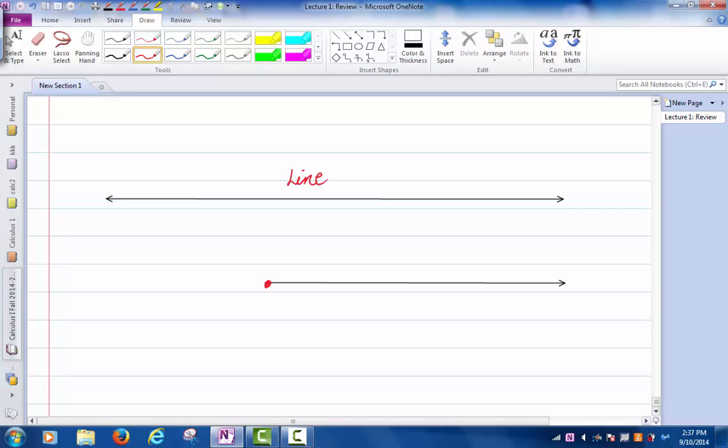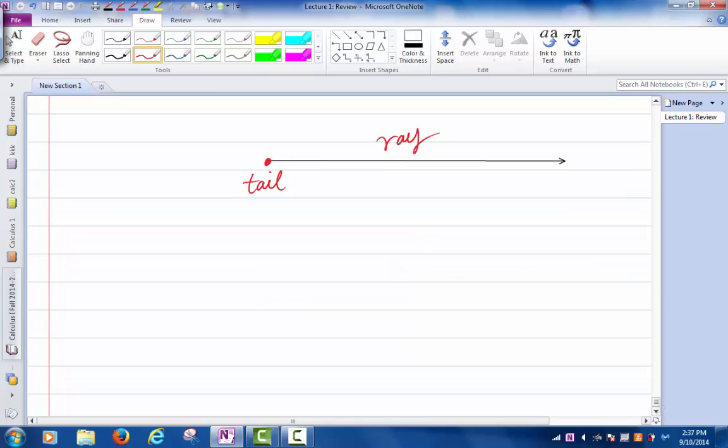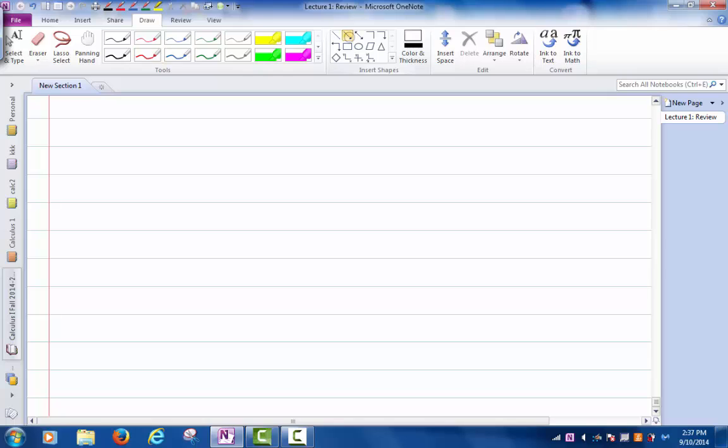Everybody's okay? What is an angle? 2 rays. Yeah, so if I have one ray and another ray having the same tail, that's an angle. So this is an angle.